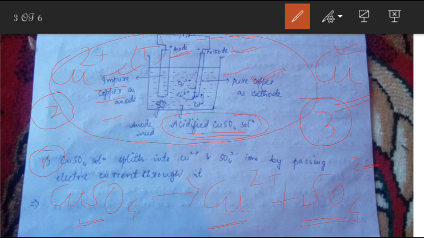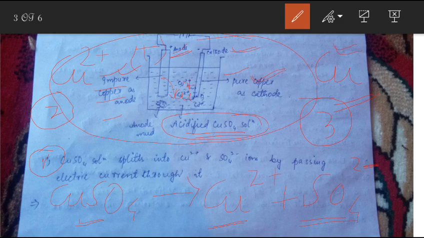Just note it down that the impure copper which is made as anode will lose 2 electrons to the anode and after that it will mix in the solution. This anode is thick.